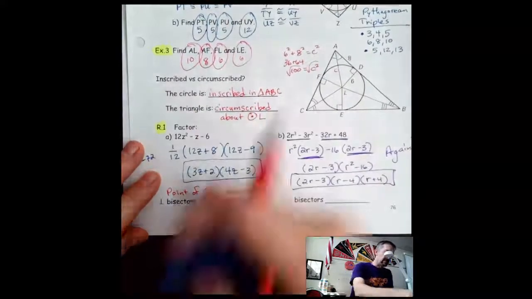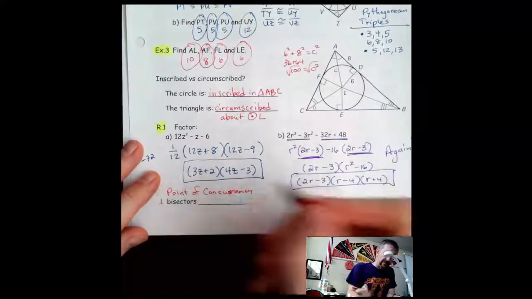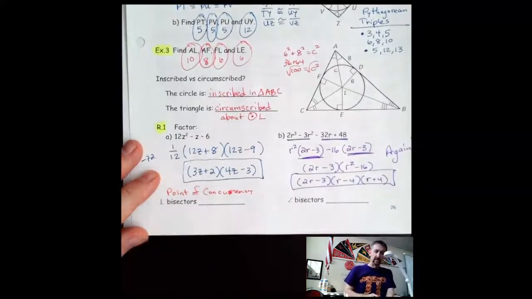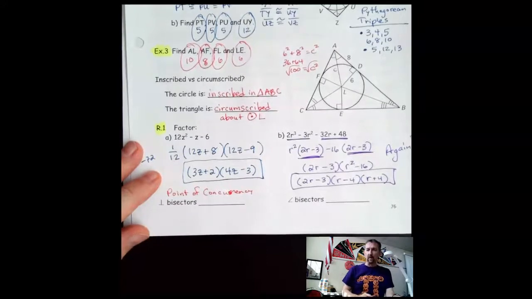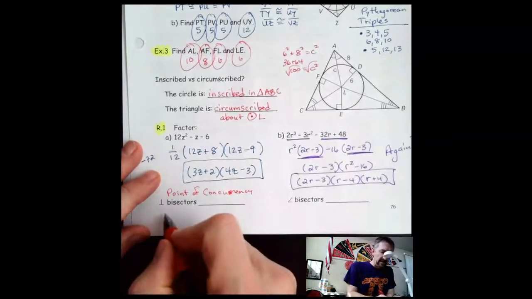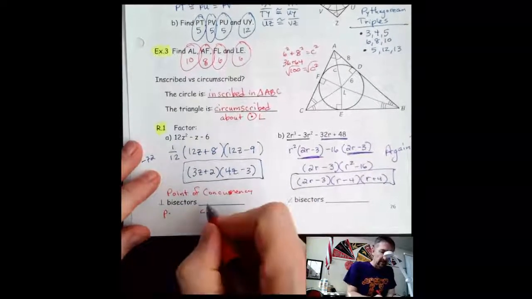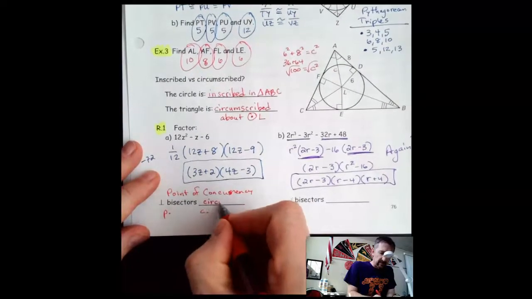It's because I was stuck over there. I was thinking con. I didn't get to the next point there. Point of concurrency. All right, perpendicular bisectors. Perpendicular bisectors, both consonants. P, perpendicular bisector, C, PC. Okay, so that's the circumcenter.